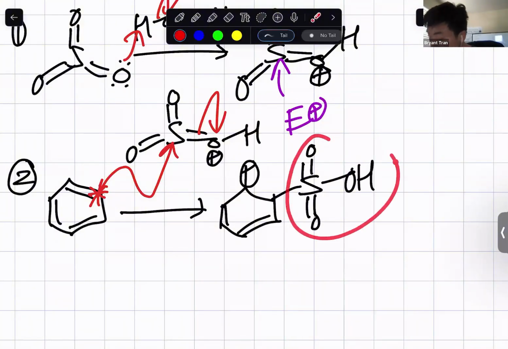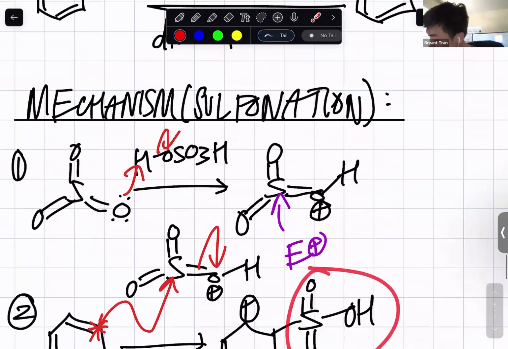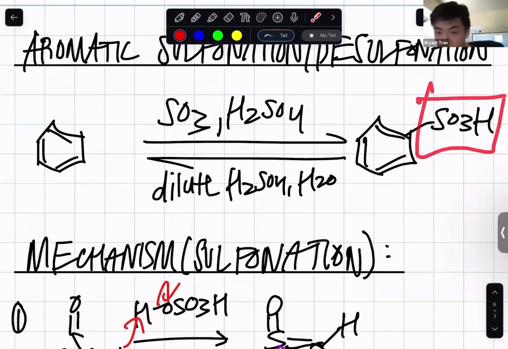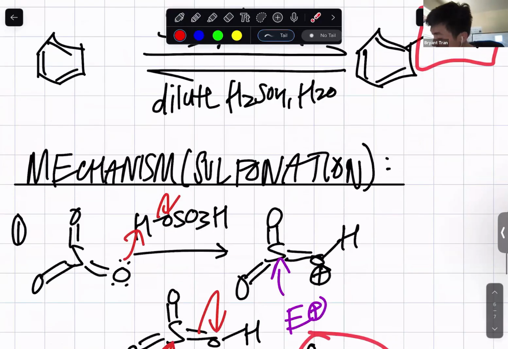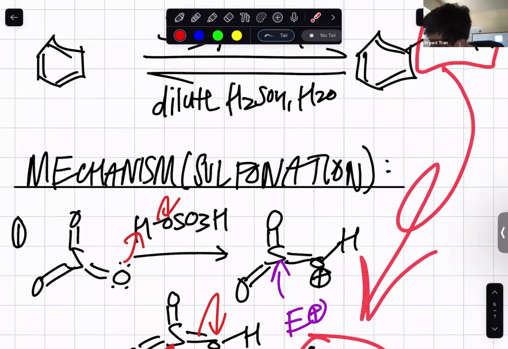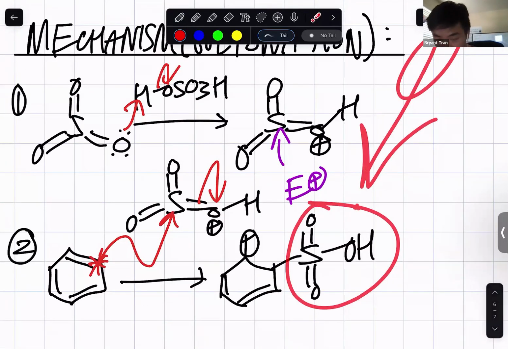Right? And this right here is our SO3H that we drew out in the general reaction here. Right? Expanded out, it would look like this right here.